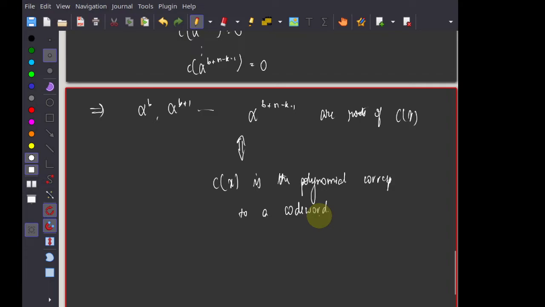So c is a code word if and only if alpha to the b, so on all the way up to alpha to the b plus n minus k minus 1 are roots of the code word polynomial c of x.